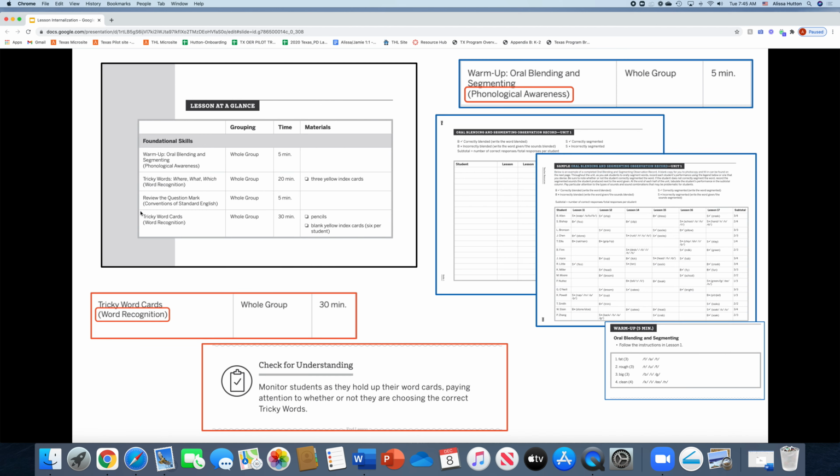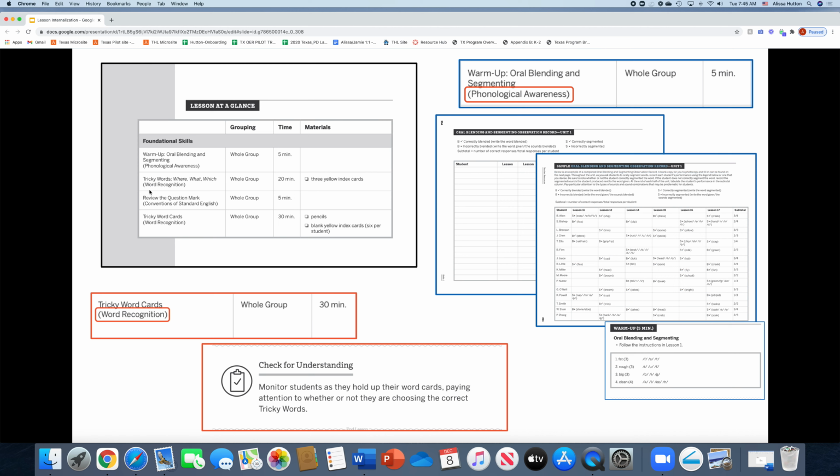Here's the lesson at a glance over here in the corner, and you'll notice that right away, each particular section within the lesson lists specifically what that component is addressing. So in that warm-up, that oral blending and segmenting, it's for phonological awareness. I'm building that phonological awareness.